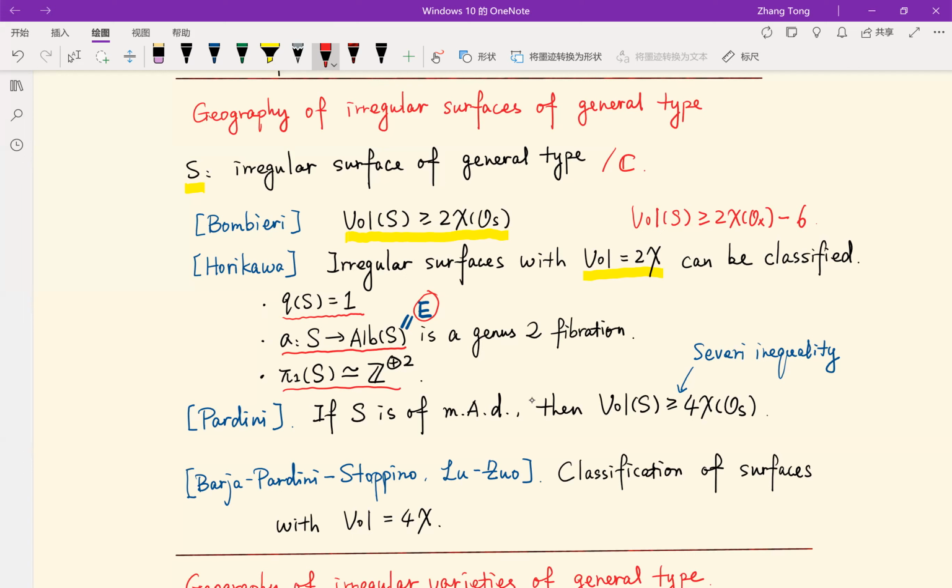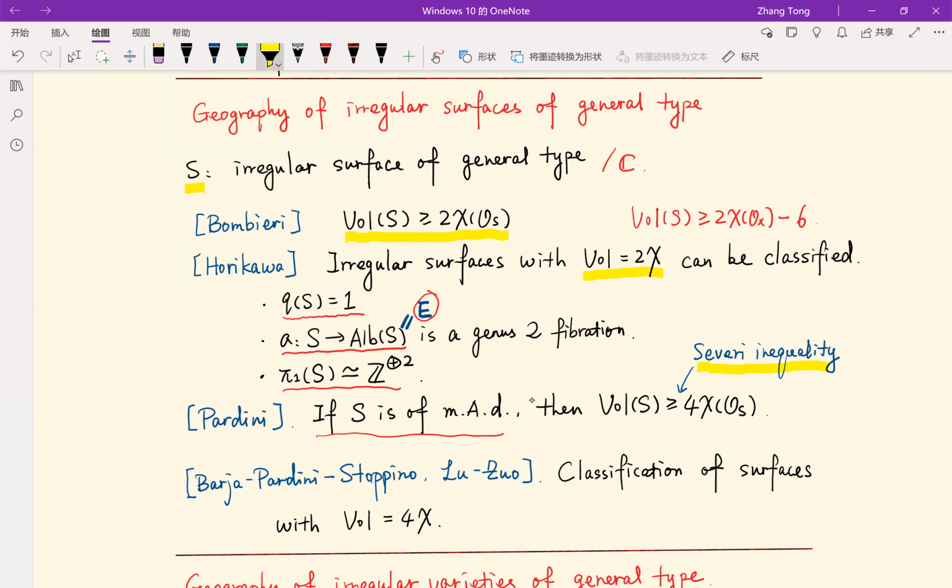And then if you put some more constraint on S, for example, if you assume S is of maximal Albanese dimension, which means that the Albanese image of S has dimension 2, then you can have a better inequality. And this inequality is called the Severi inequality.